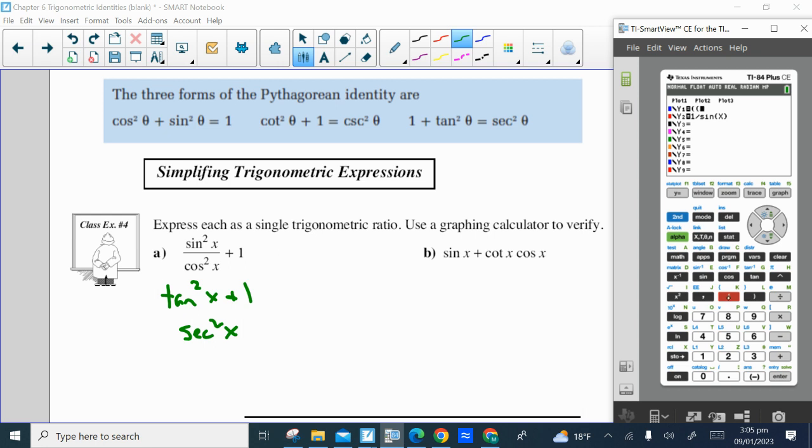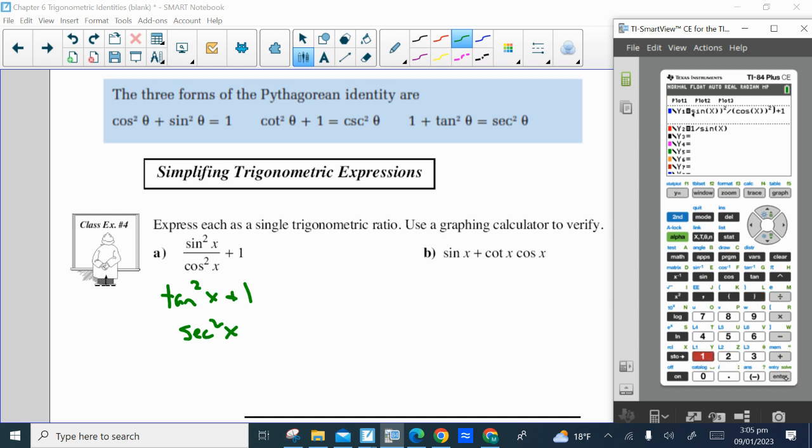So I'm going to have to open up another bracket where inside that I'm going to go sine of x, close the bracket on the x, close the bracket on the sine x, and square it. So there's sine of x all squared, divided by, open another bracket because I have to square cosine of x. So cosine of x, close the bracket on the x, close the bracket on the cosine of x, square it, and now I'll close the bracket on the original trig expression.